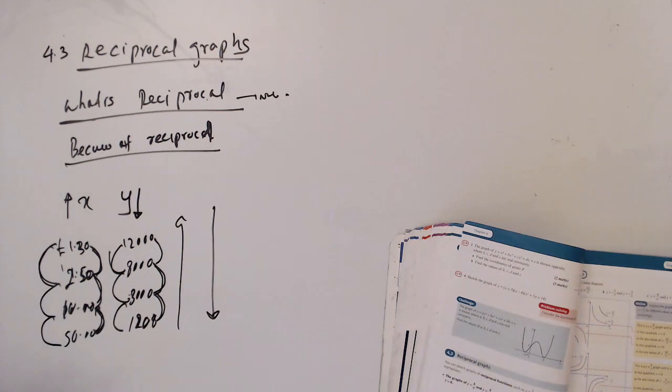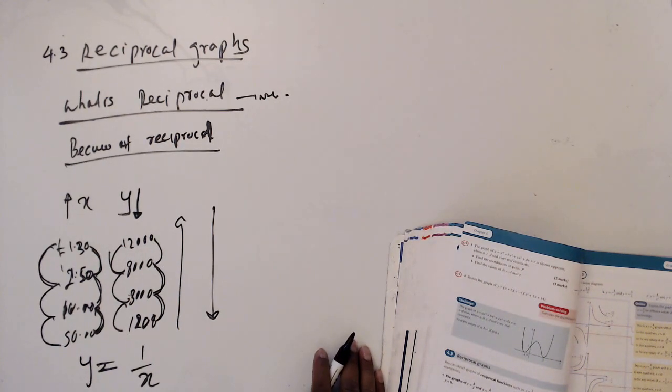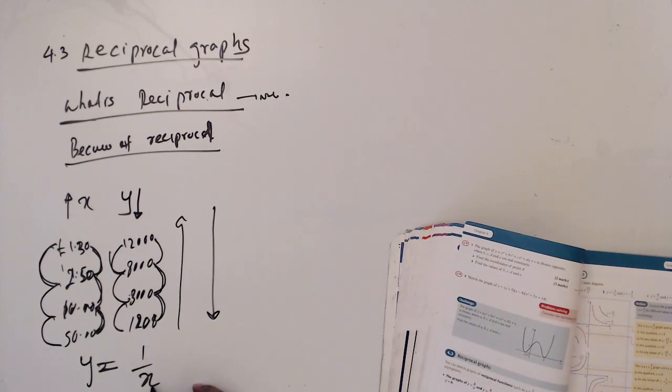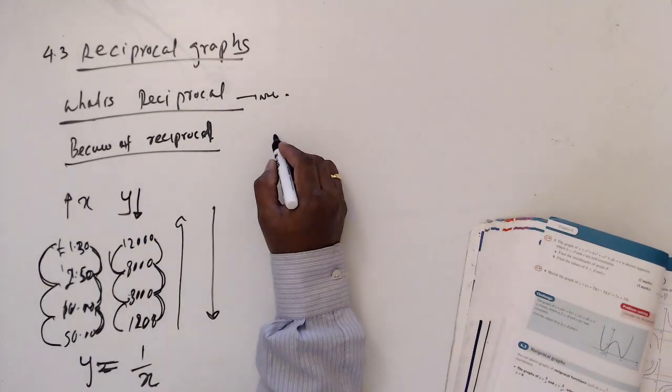Now, y equals 1 over x. I will increase the x value. Then what will happen to y?